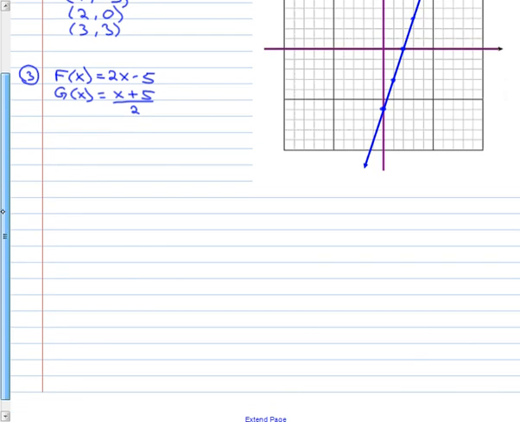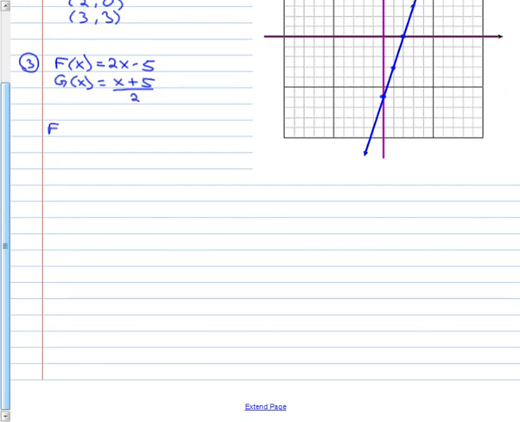So in doing compositions, we need to do f of g of x. And this solution should equal x when we are done. Then we're going to reverse it, do g of f of x, and that solution needs to equal x when we are done. And if both of them equal x and we're completed and simplified, then that is a proof that these are really inverse functions of each other.